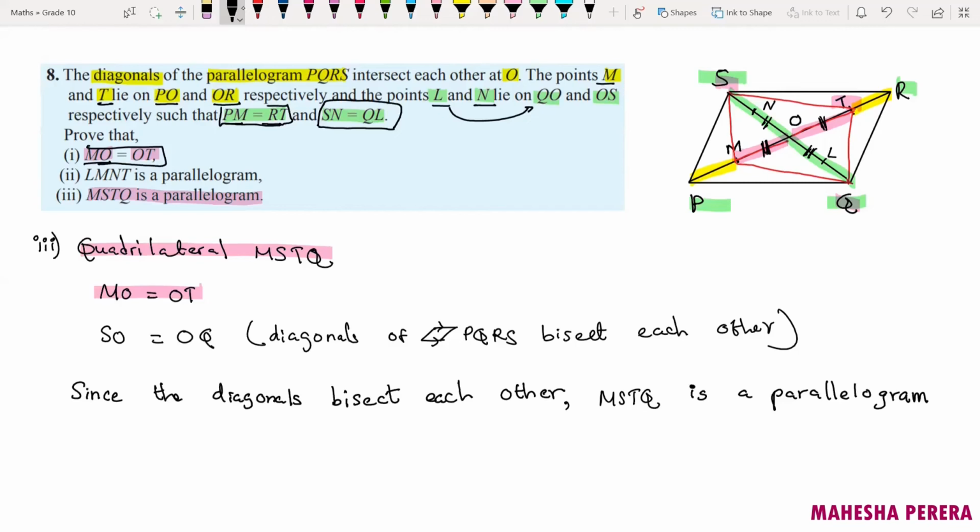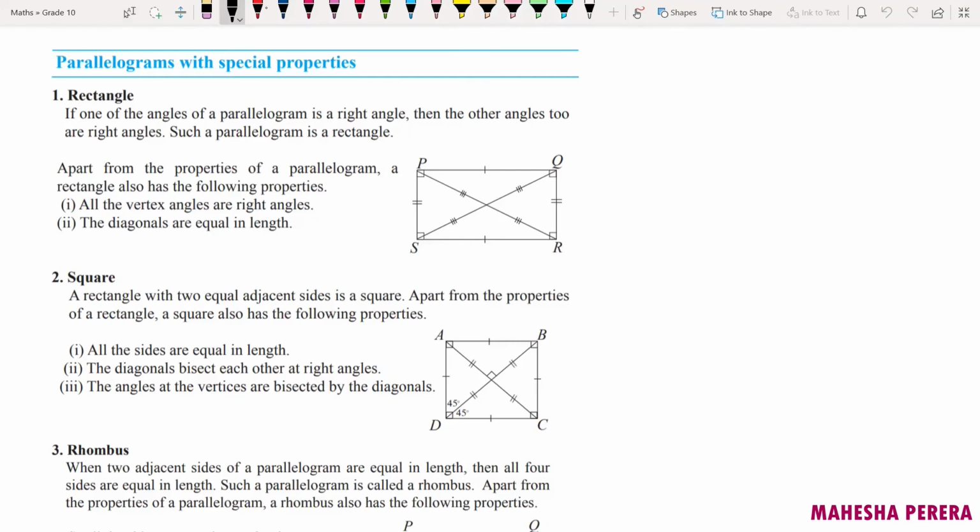So next we can write SO equals OQ because diagonals of parallelogram PQRS bisect each other. Then you can say since the diagonals bisect each other, MSTQ is a parallelogram.